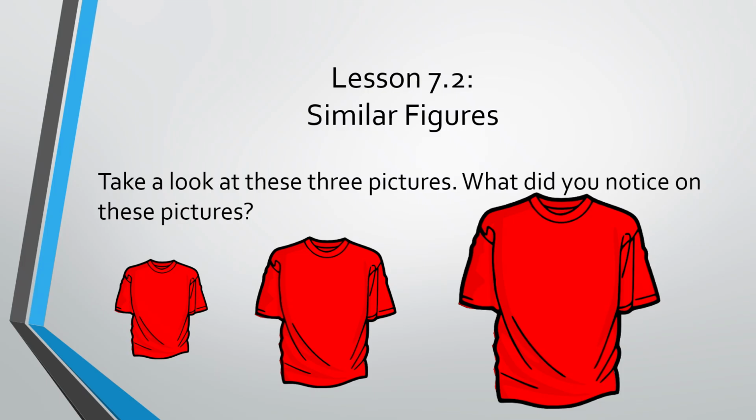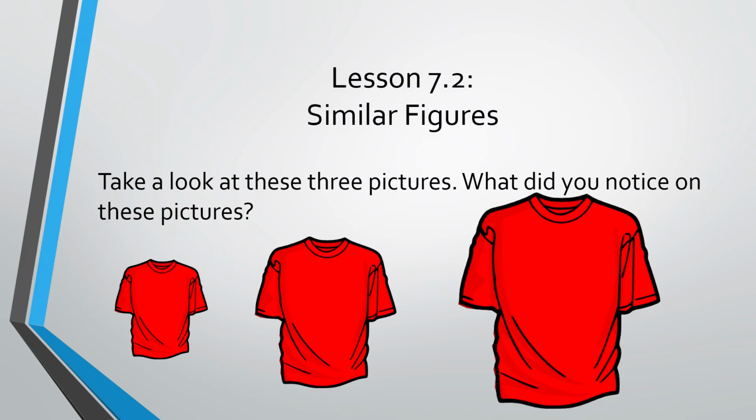Their appearances are just the same, but the sizes are different from each other. So these three t-shirts are similar to each other. That's how similar figures or similar appearances are.